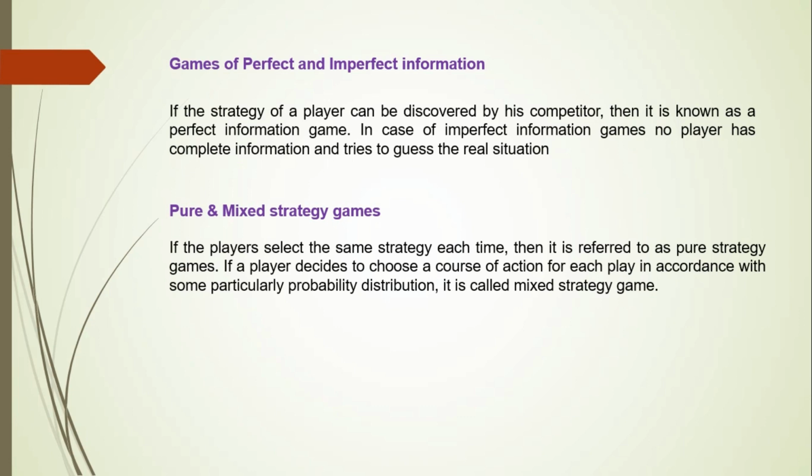Then pure and mixed strategic games. If a player selects the same strategy every time, each and every time, for the game, then it is referred to as pure strategy. Whereas if the player selects a different course of action, different strategies for different plays, one strategy for one play and another for the other play, with some particular probability distribution, then it is called a mixed strategy.